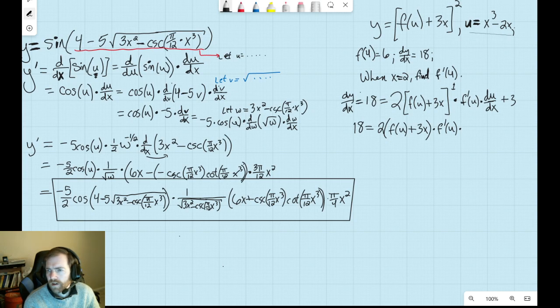U is up here, so du dx is going to be 3x squared, parentheses, 3x squared minus 2. And then plus a 3 all the way at the end. That needs to still be multiplied.